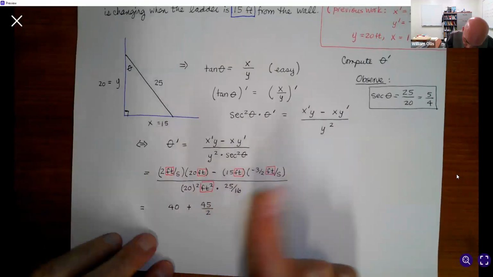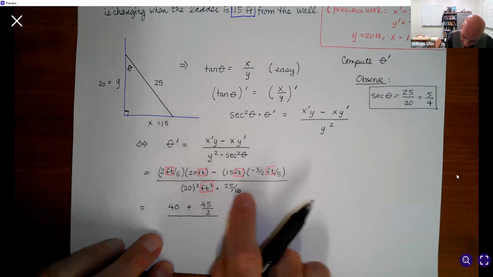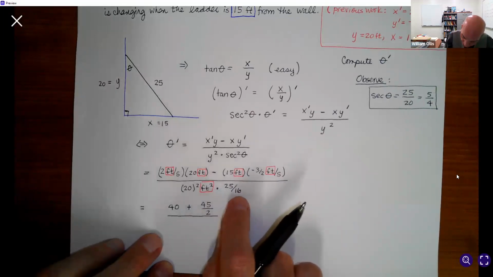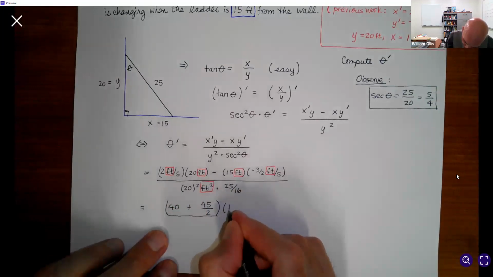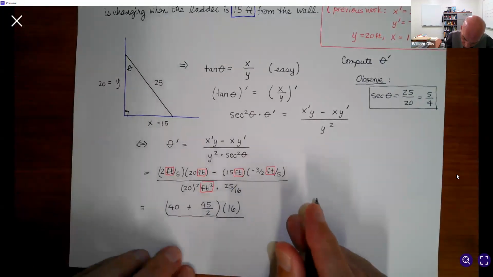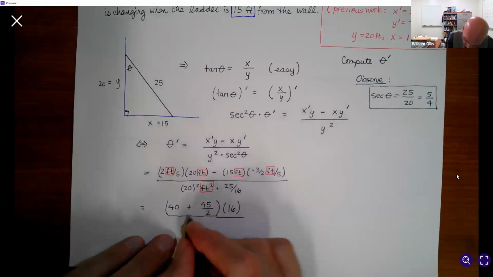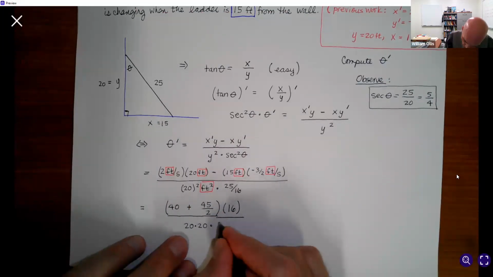We have a 40 here. And then now, if you like, we can reciprocate. The 16 can come upstairs. And then downstairs, we have 20 squared, which we can write as 400, or 20 times 20, times a 25.